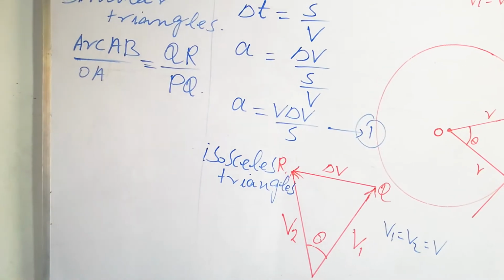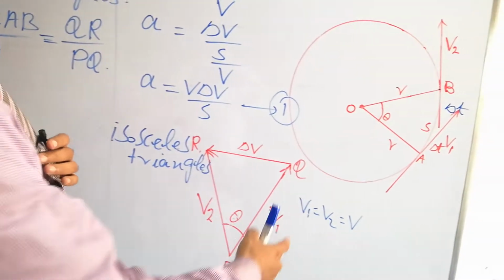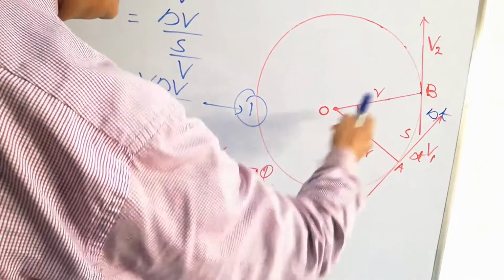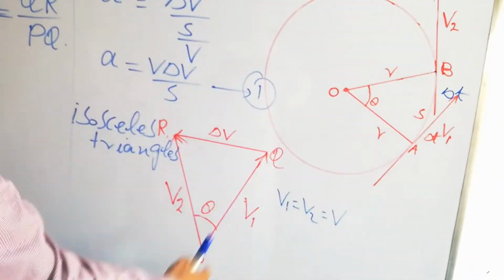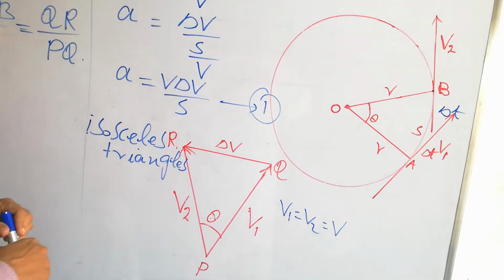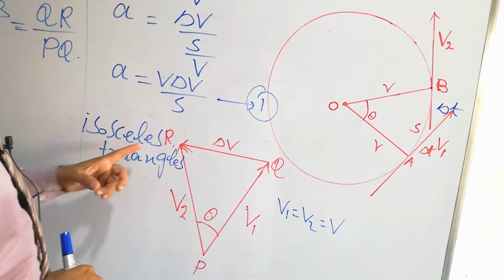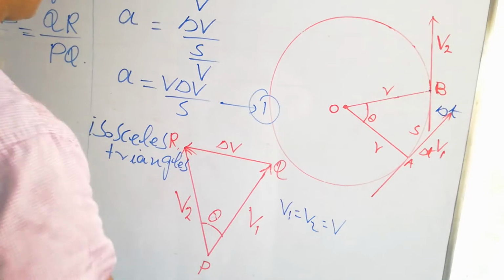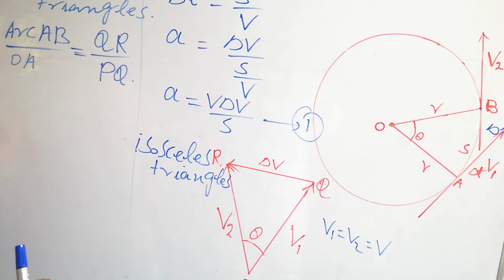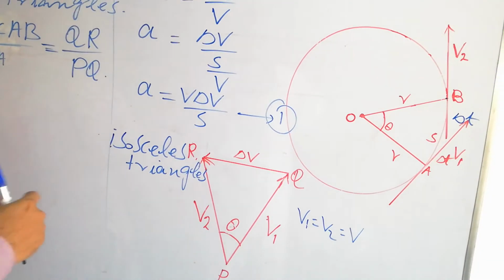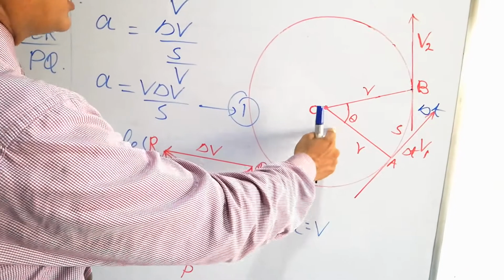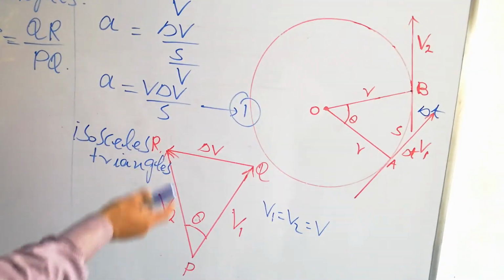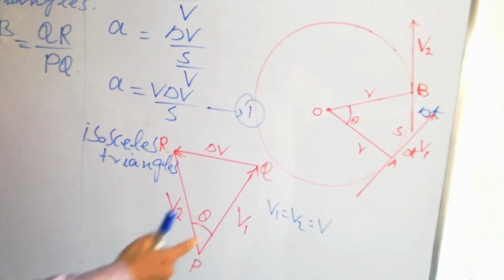Look at again here, students. We have two triangles, one is AOB and the other is QPR. These triangles are isosceles triangles and they are also similar triangles. In case of similar triangles, if we do the thing in one triangle, we are bound to do the same thing in the other triangle.